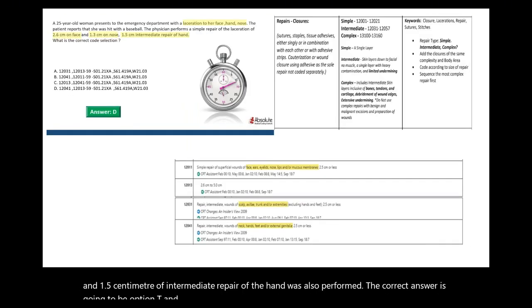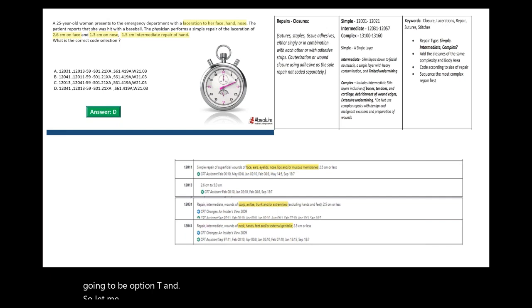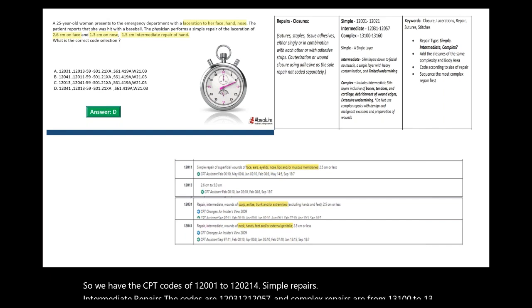So let me first bring up our FDRs. We have CPT codes of 12001 to 12021 for simple repairs. For intermediate repairs, the codes are 12031 to 12057, and complex repairs are from 13100 to 13160.